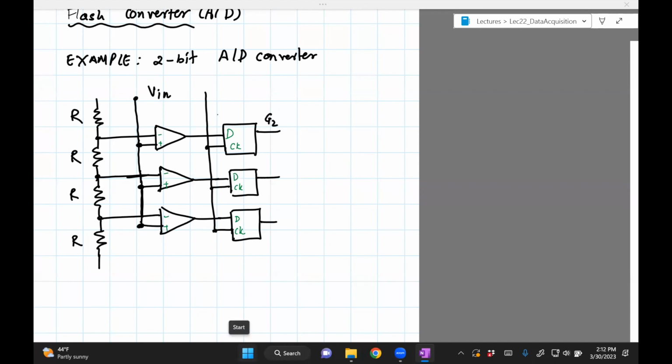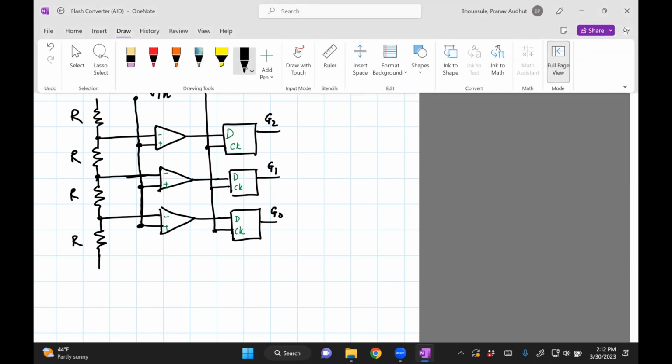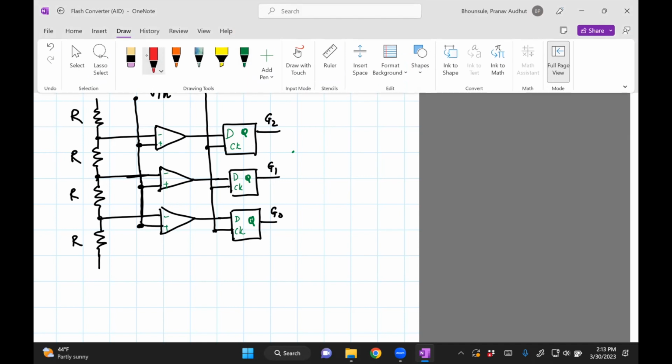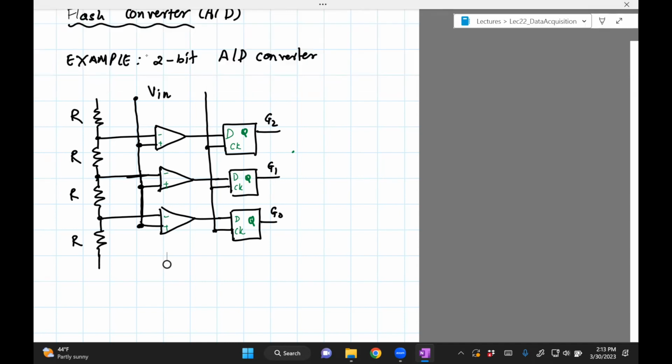So this is, let's say, G2, G1, G0, and then let me call these Q, Q, Q. And then there's one more piece, which is our Vmax. This is a voltage which you supply, Vmin. And then these are reference voltages which we'll be using, V2, V1, and V0.